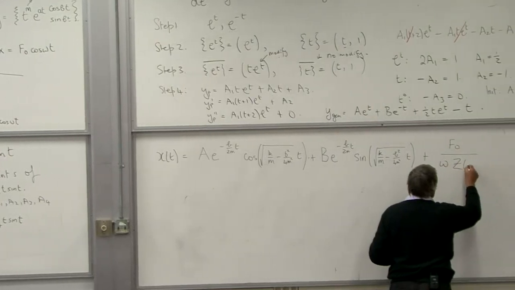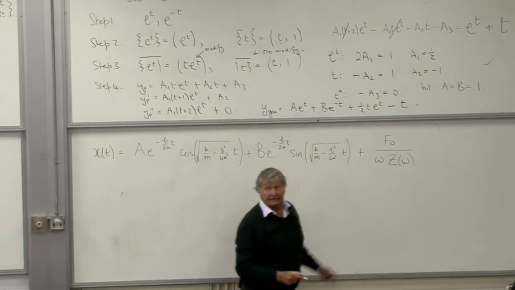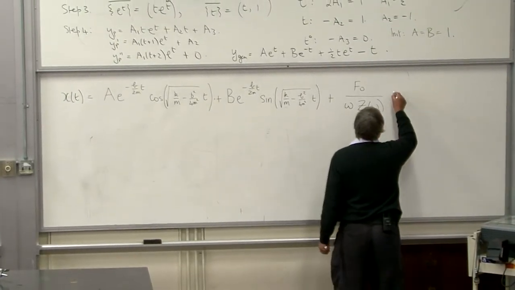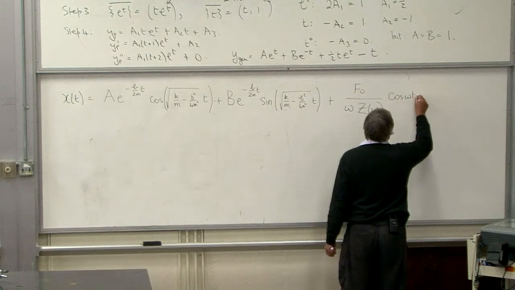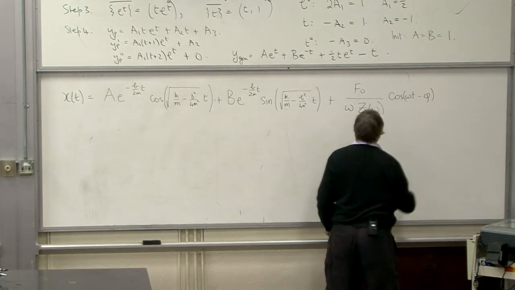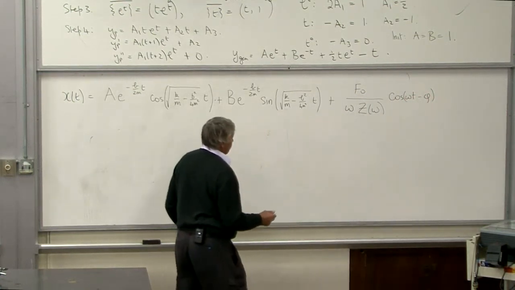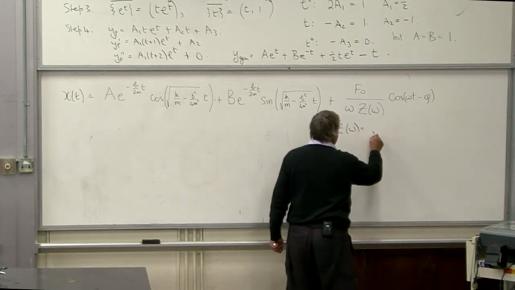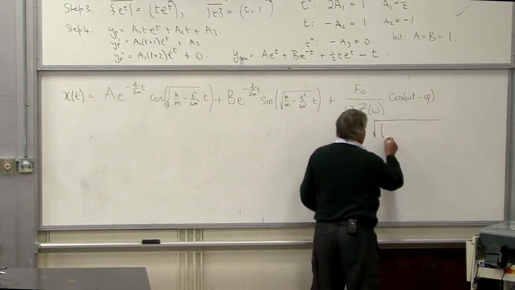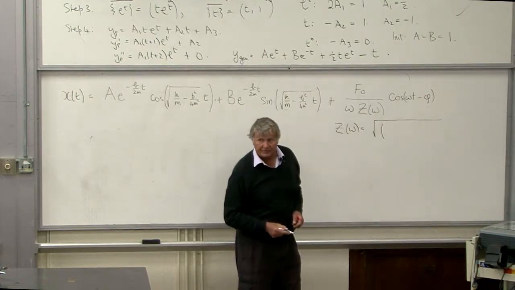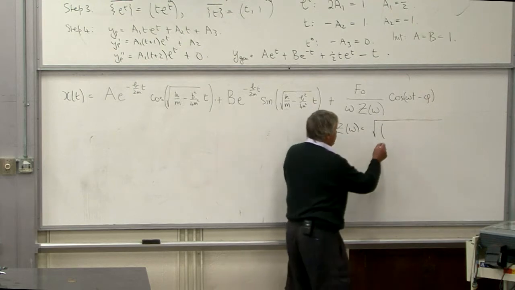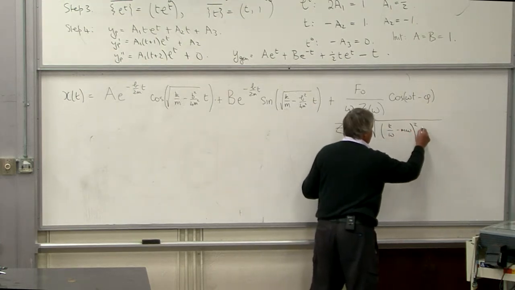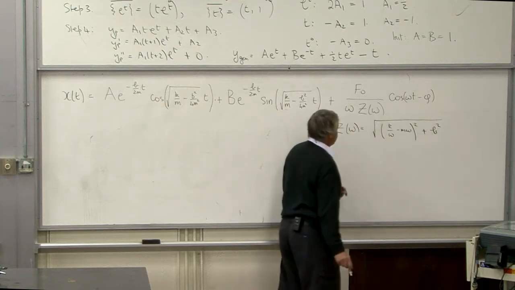and then this term, this impedance, Z of omega, times cos(omega t minus phi), where it turns out that Z of omega is the square root of, it was (1 over omega C minus omega L) last time, now it's (k over omega minus m omega) all squared plus b squared.